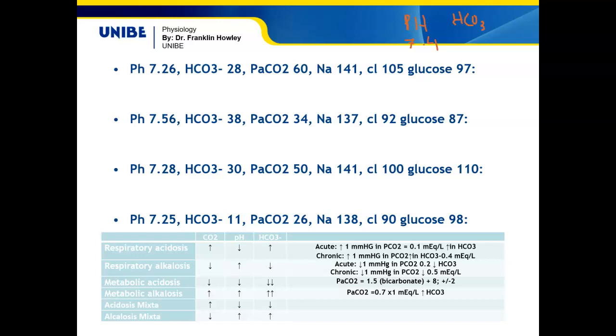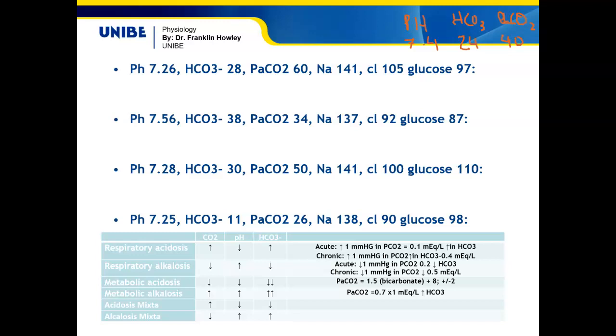Less than that means an acid type problem. More than that means a base type problem. And the partial pressure of CO2, we remember, is going to be 40. More than 40 means I'm accumulating CO2 and accumulating acid, so it's an acid disturbance. Less than that, I'm eliminating CO2, then eliminating hydrogen, so that's going to be a base problem.